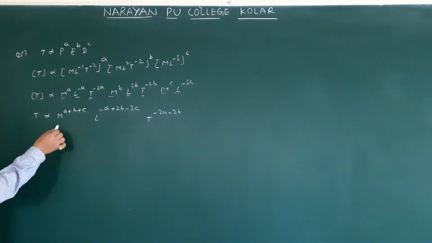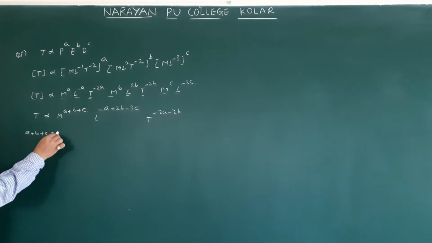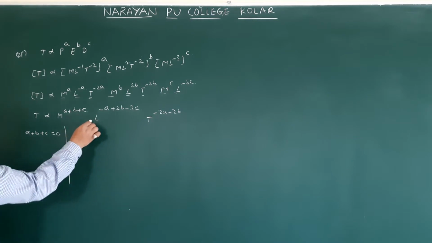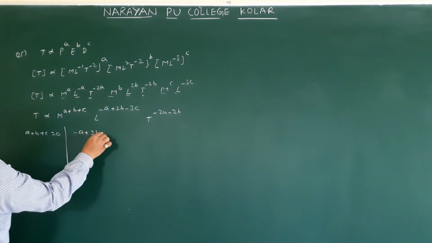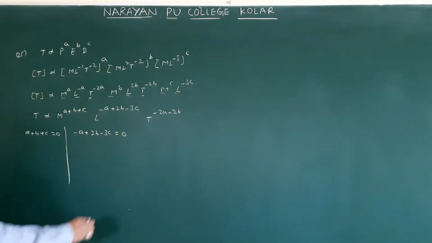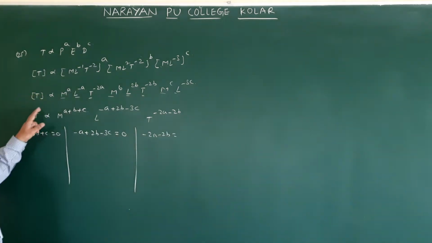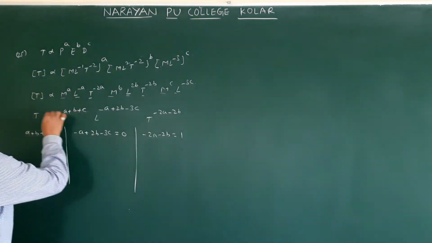So compare LHS and RHS. Here M is not there. Therefore a plus b plus c equal to 0. Minus a plus 2b minus 3c equal to 0, as L is also not there. T power minus 2a minus 2b equal to T power 1.